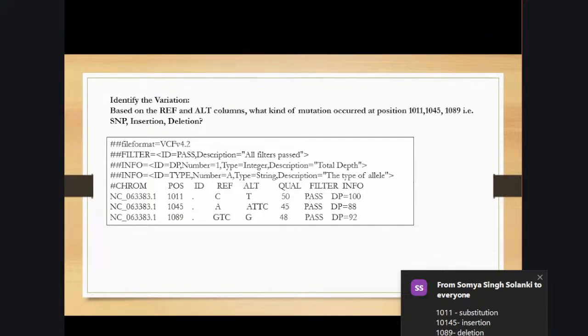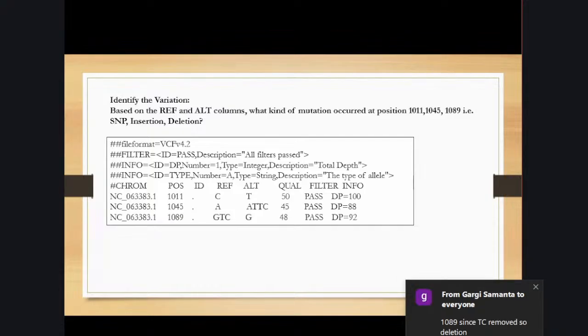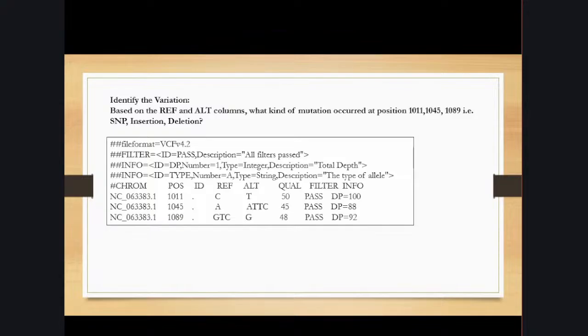Next is 1045. This is the position where A has changed to ATTTC. It means a lot of nucleotides have been added, that's why it is called insertion. And in the third one, at position 1089, GTC has been reduced to G, only G is left. TC has been deleted, so it is a deletion.